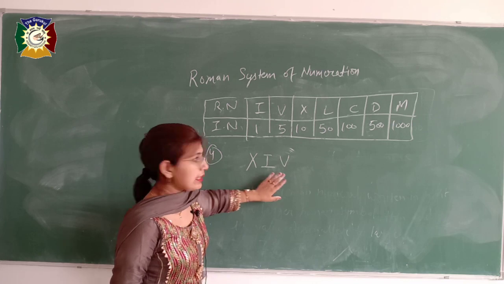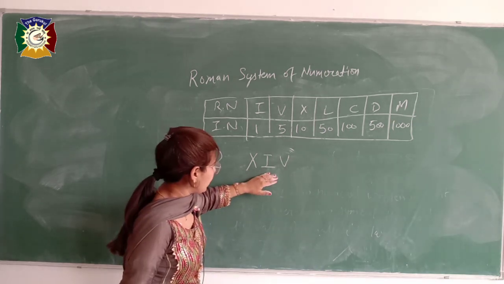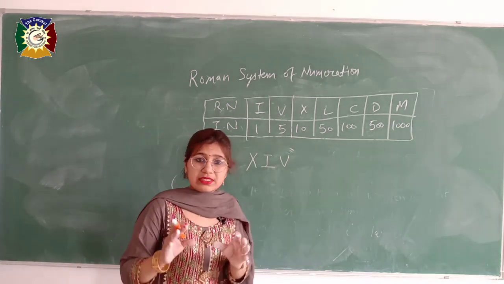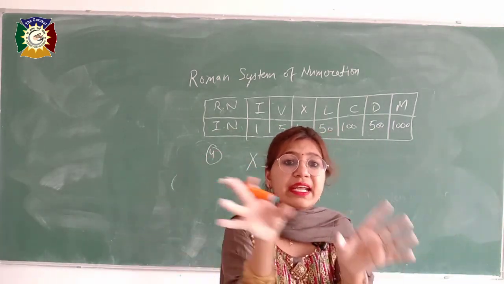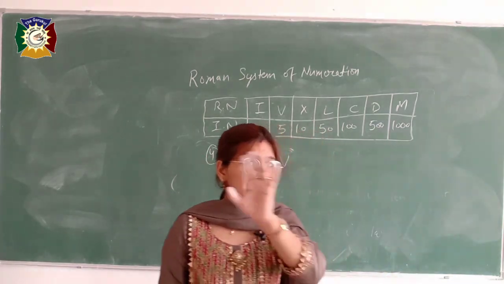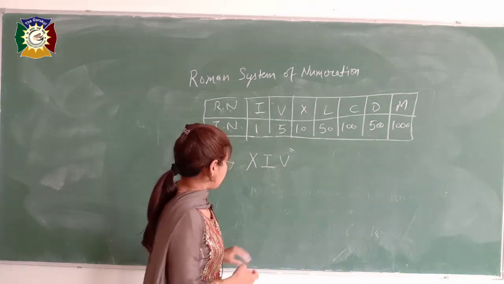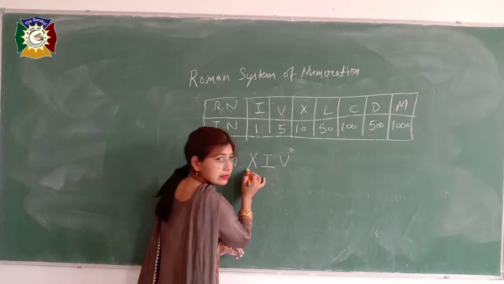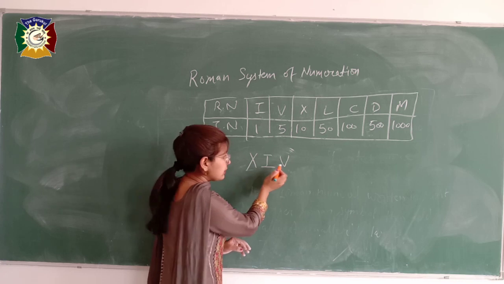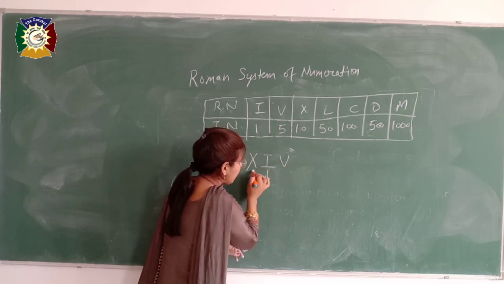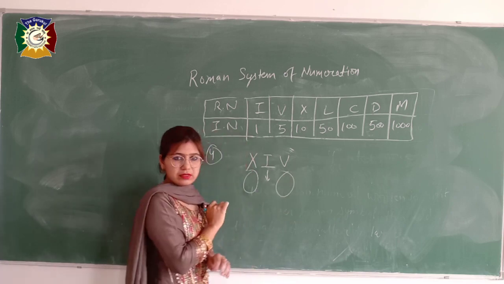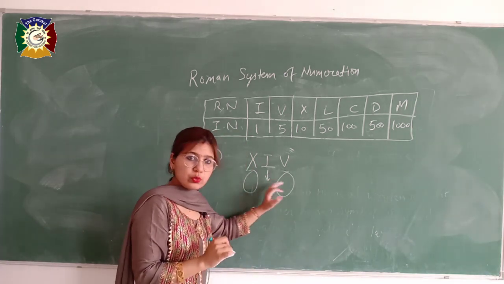Here I want to tell that this is the larger one, then it is smaller, and then again larger. You can see when a smaller symbol is in between two large symbols, that time what you have to do? Bache, you have to do nothing, just follow this. See, this is greater than I, this is also greater than I. The smaller symbol is in between the two large symbols.